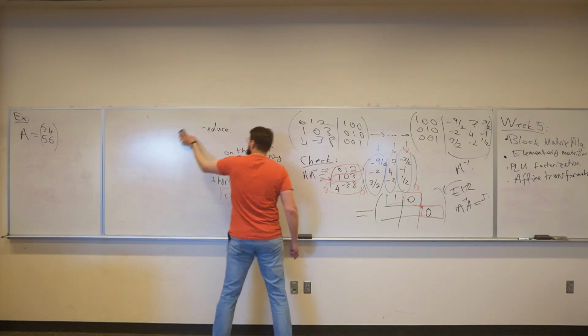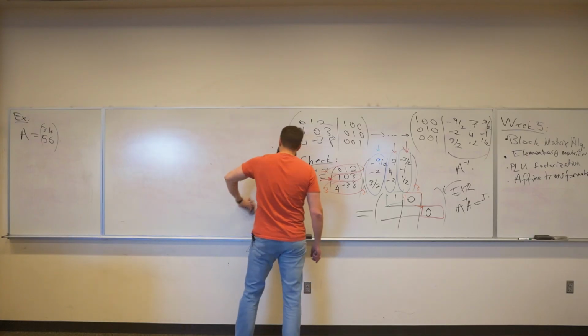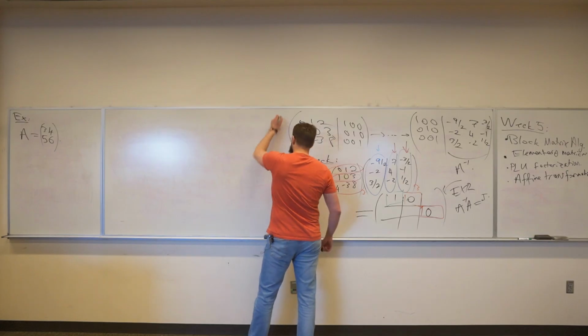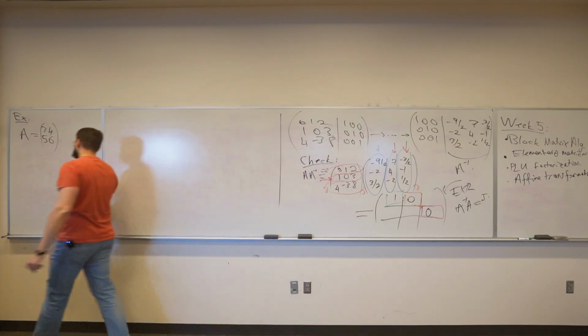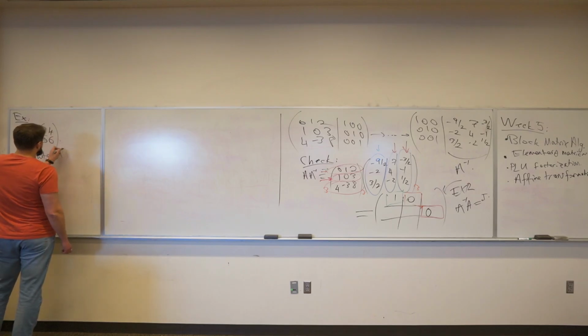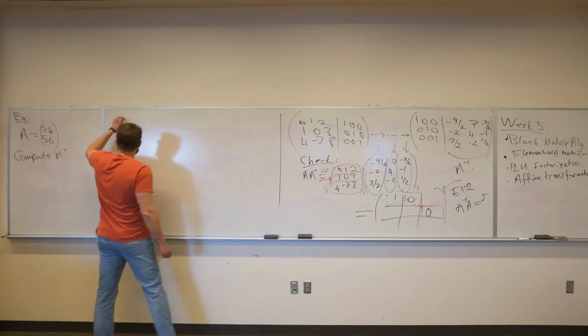Again, let's do this row reduction and try to compute the inverse. The augmented matrix is A | I.